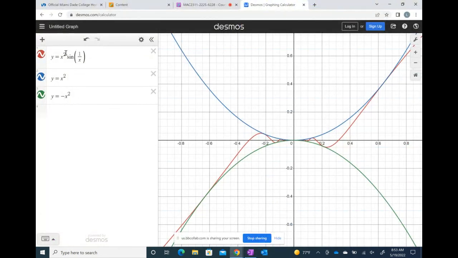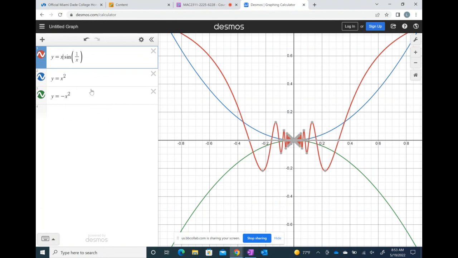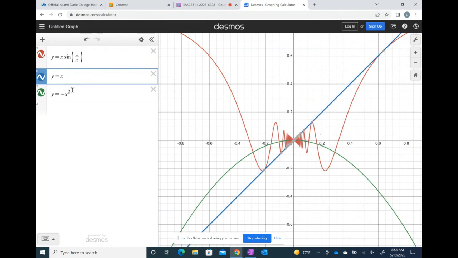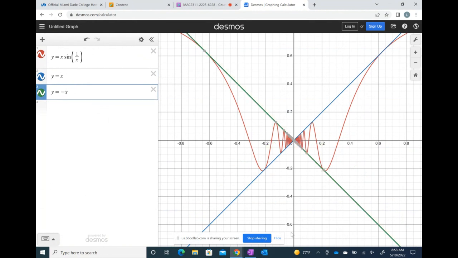If I drop the power, that means our function is going to be between the line y equals x and y equals negative x. So let's drop the power. Now it's between the line y equals x and the line y equals negative x.